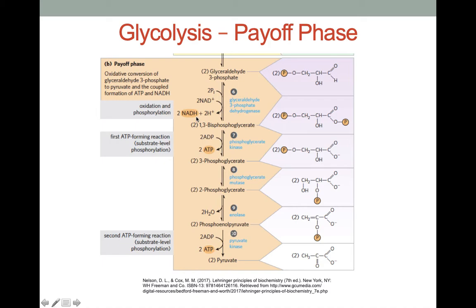So all of those worked out in our favor. We have a little bit of energy, but the pyruvate molecules, like we talked about earlier, still have plenty of energy and can either go through fermentation or the citric acid cycle and electron transport chain to produce even more energy.